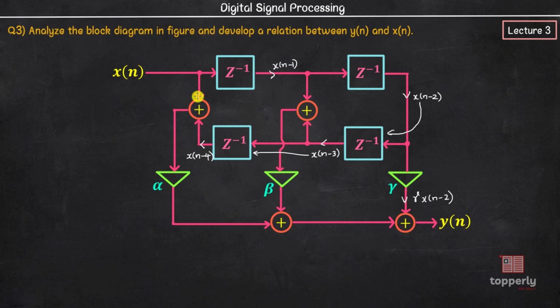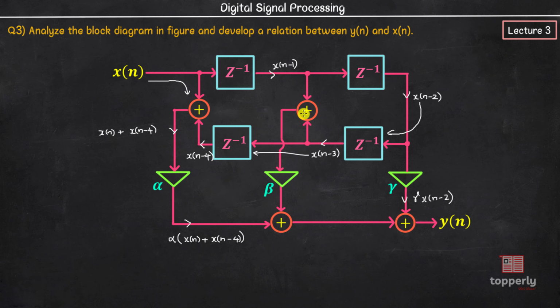Coming to this adder circuit, it has x of n and x of n minus 4 as the inputs. So the output will be x of n plus x of n minus 4. And this is passed on to a multiplier with scalar alpha. So the output here will be alpha times x of n plus x of n minus 4.